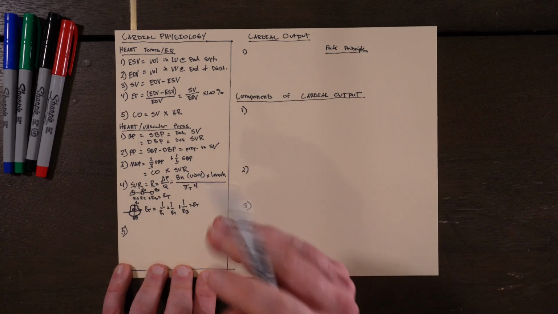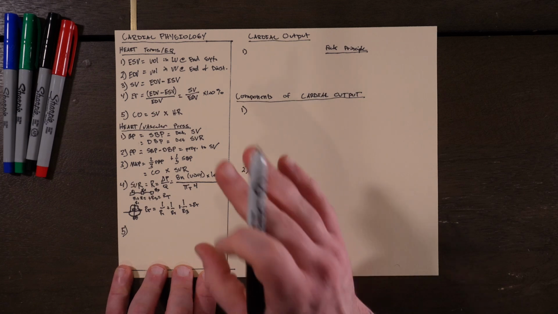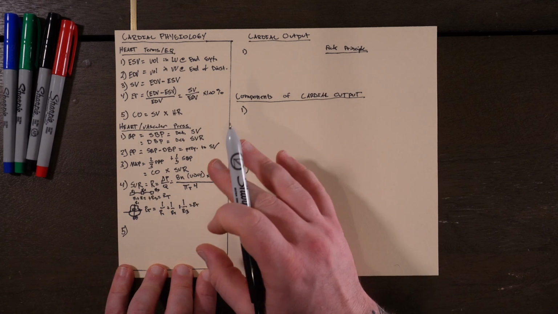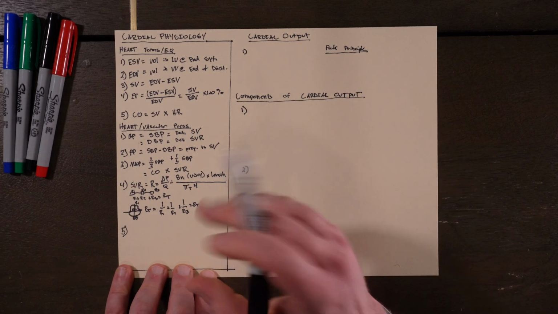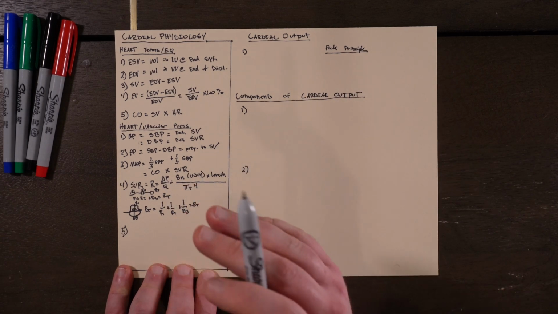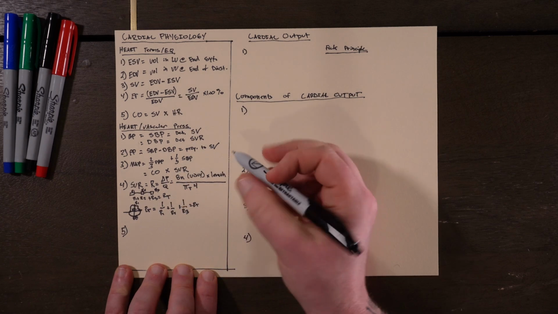So when they talk about where the most resistance in the vascular system comes from, it's not the capillaries. You would think it would be because they're the smallest, and we talked about radius and all that stuff, but really it's the arterioles.